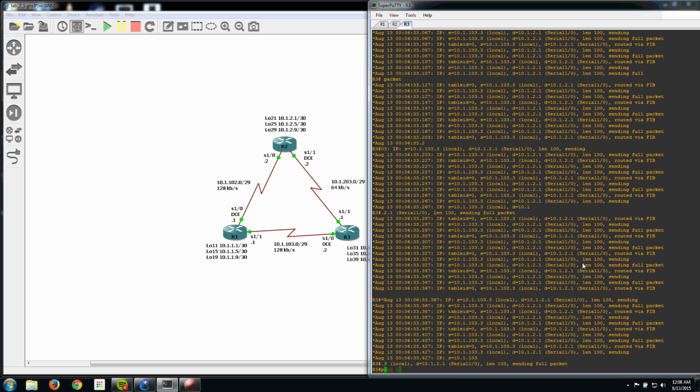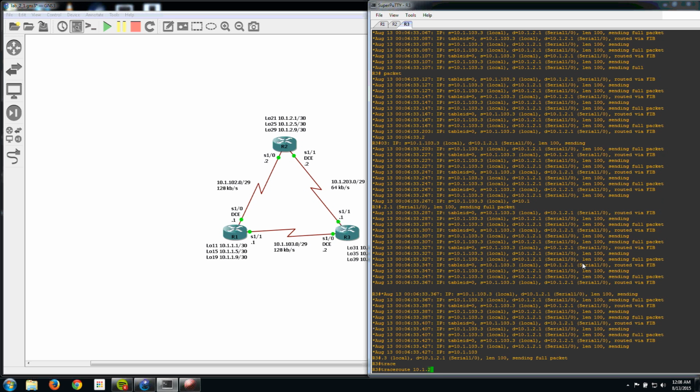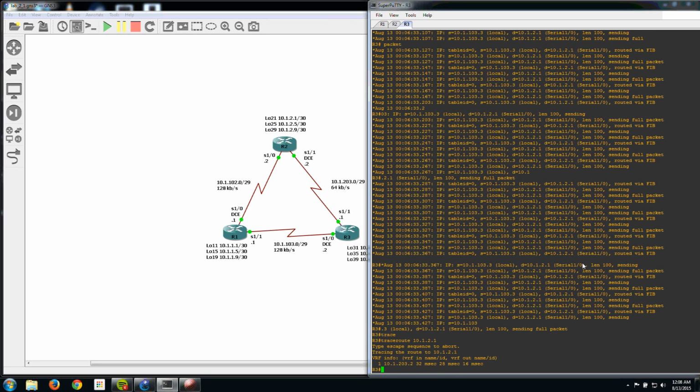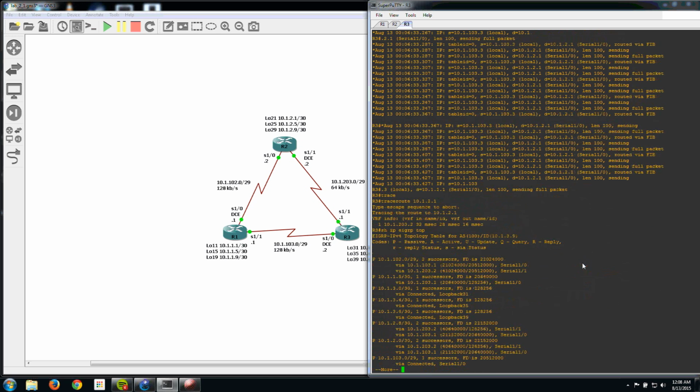Let's do a traceroute up to 10.1.2.1. We still have our route there, right? 10.1.2.0, it's still there.